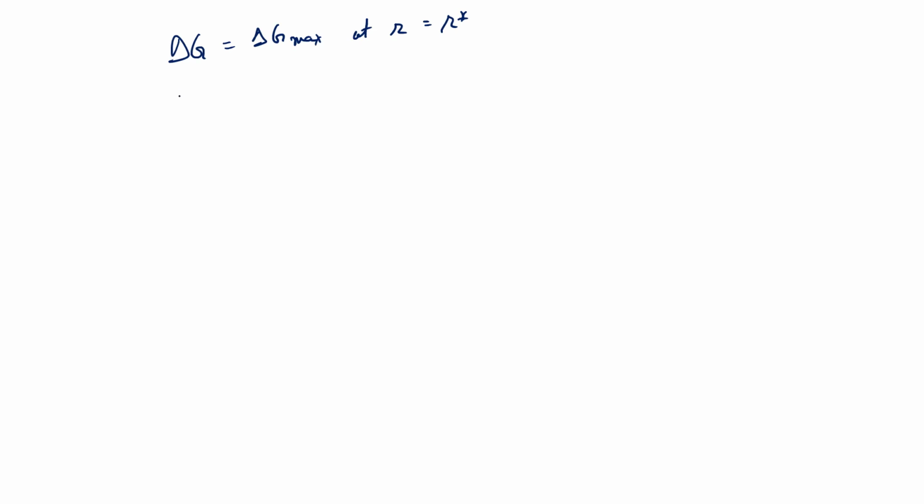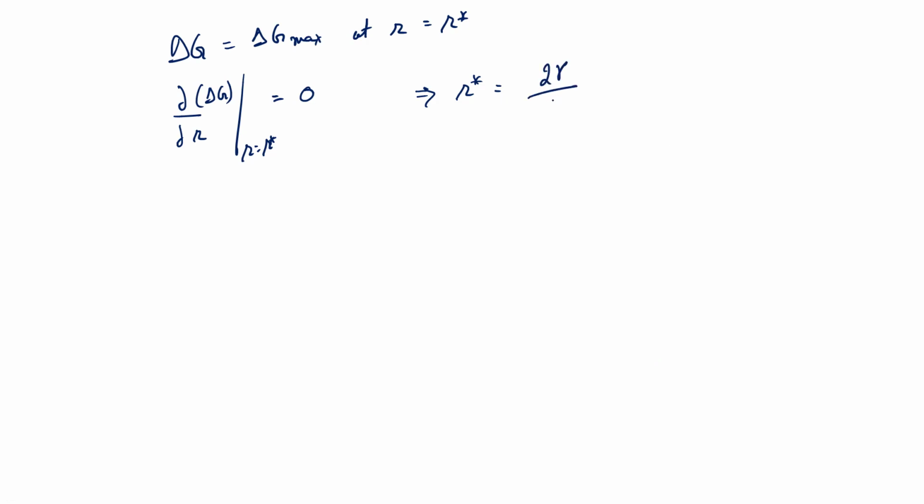So all we have to do is partially differentiate the expression for delta G with respect to r. At r equal to r star, we will get this expression as 0. I won't go into detail about the differentiation, I will straight away jump to the conclusion.